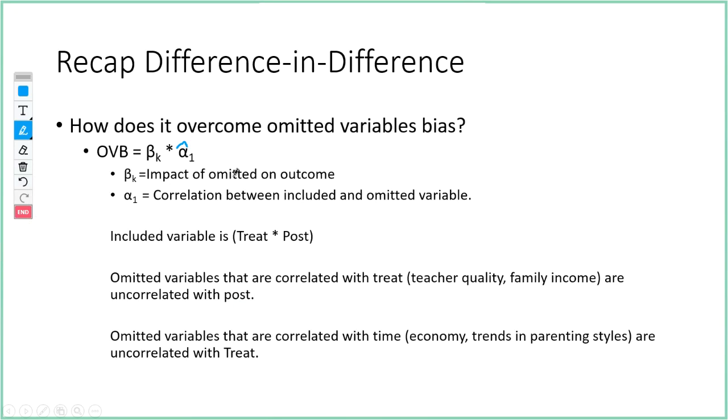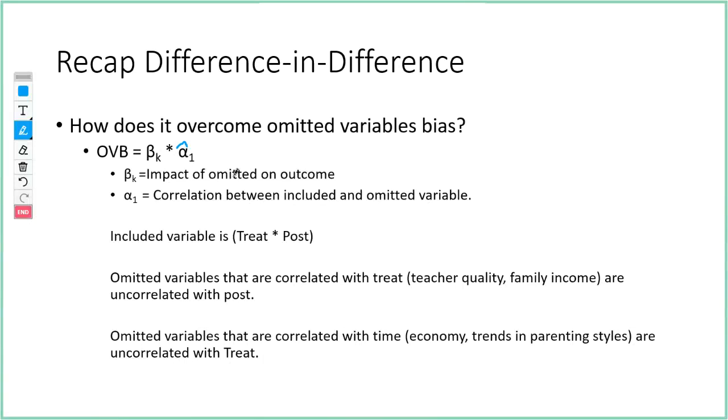And so if we're thinking about the Rosenwald schools example, maybe an omitted variable is family income in the school district. You might be worried that school districts with wealthier families inherently spend more money on those children. And so what you might be picking up is not the impact of the actual increase in school spending. It's just that places that tend to have more family income tend to spend more on the students.